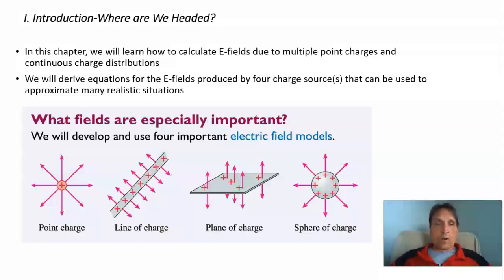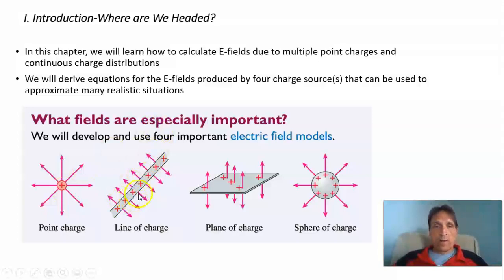So what we're trying to do is build up our tool chest. We calculated before the electric field of a single point charge. And once you know that, you can calculate the electric field due to multiple point charges by just using this solution and applying superposition, right? The electric field due to a bunch of point charges is the sum of that due to each individual charge.